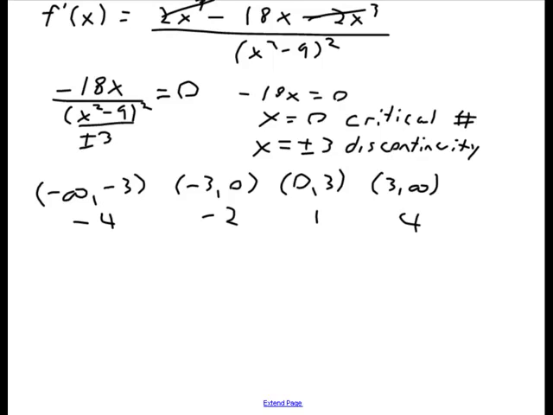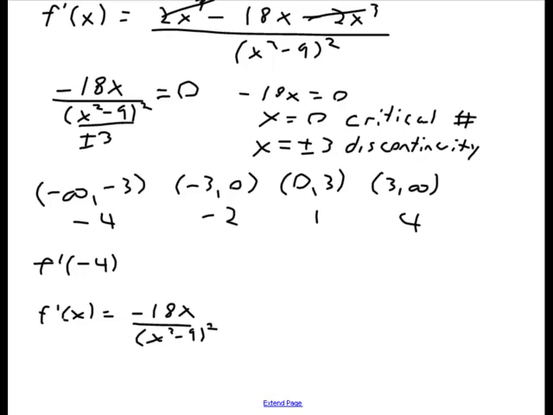When we plug those into the derivative, I ask, what is f prime of negative 4? Well, we know that f prime of x is negative 18x over x squared minus 9 squared. Now if we take a step back and think about it, our denominator is always going to be positive because it's the entire quantity squared. So we really just need to see when we plug a positive or negative number into our numerator, what do we get?